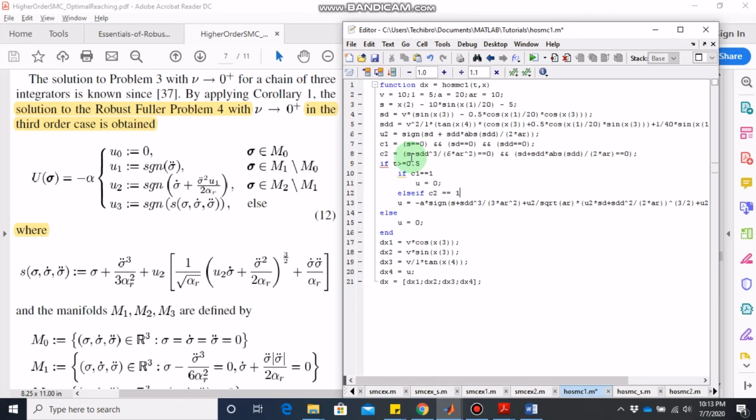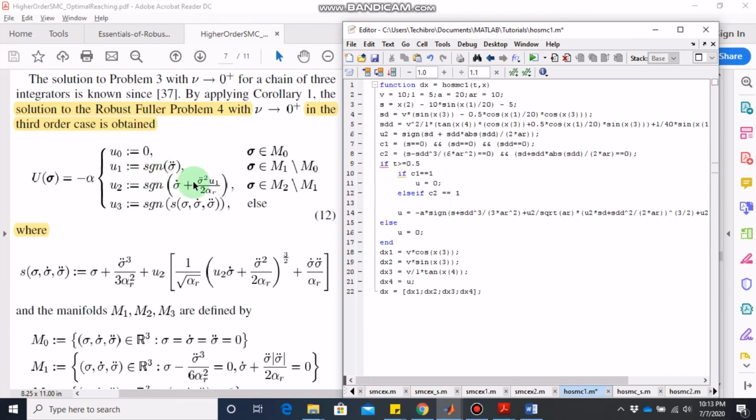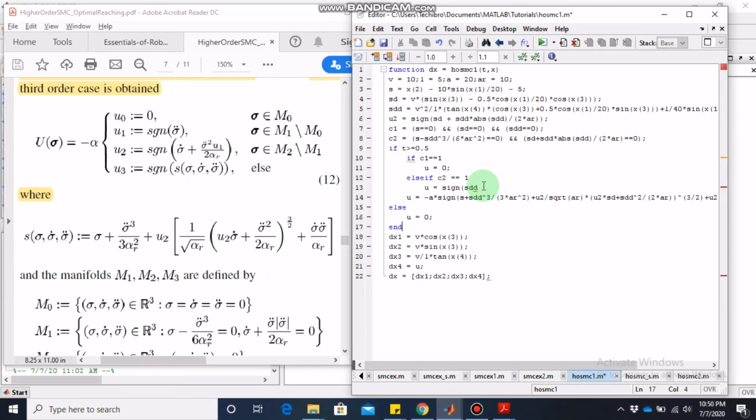So else if C2 equals 1 means that C1 is not 1. So we have M1 satisfied but not M0. Then in that case u will be equal to sine of sigma double dot, so that will be sdd.